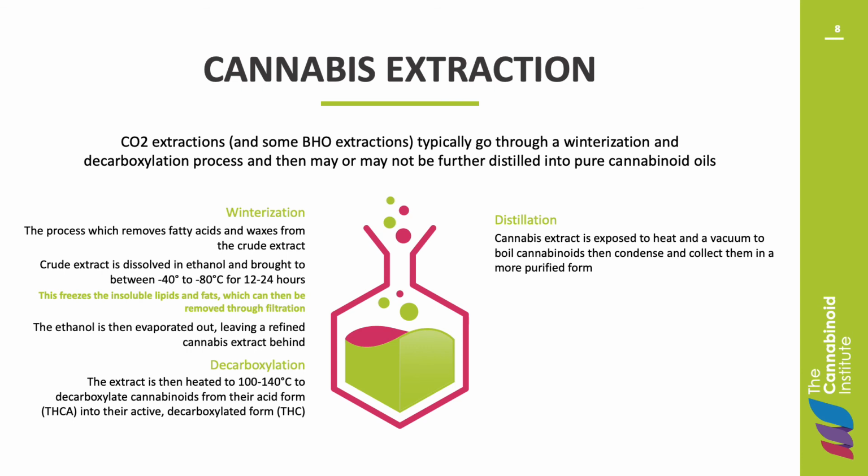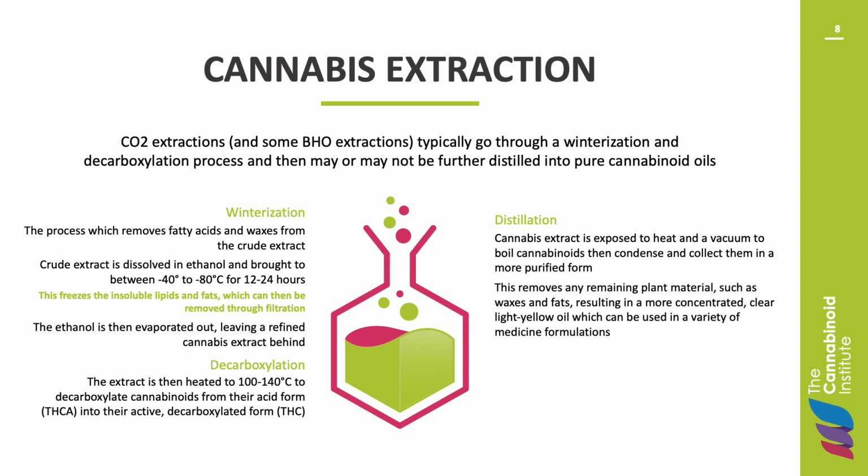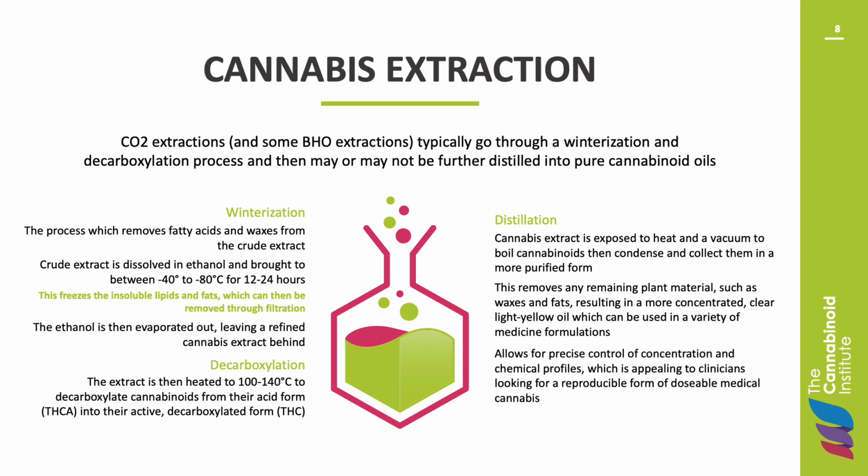This final distillation step removes any remaining plant material, such as waxes and fats, resulting in a more concentrated, clear, light yellow oil, which can be used in a variety of medicinal formulations. Distillation also allows for precise control of concentration and chemical profiles, which is appealing to clinicians looking for a reproducible form of dosable medical cannabis.